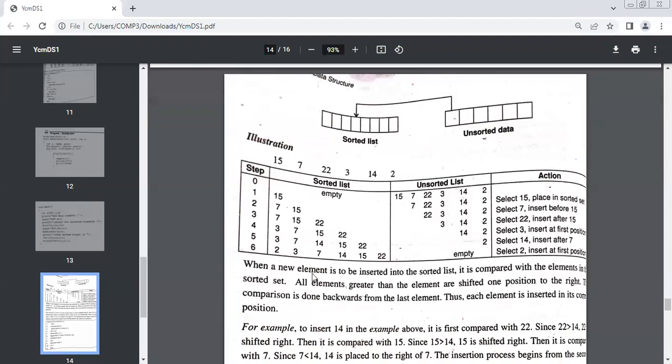Okay, when a new element is to be inserted into a sorted list, it is compared with the elements in the sorted list.